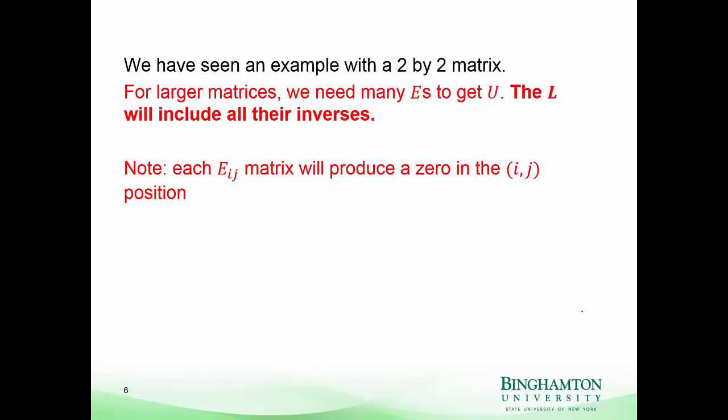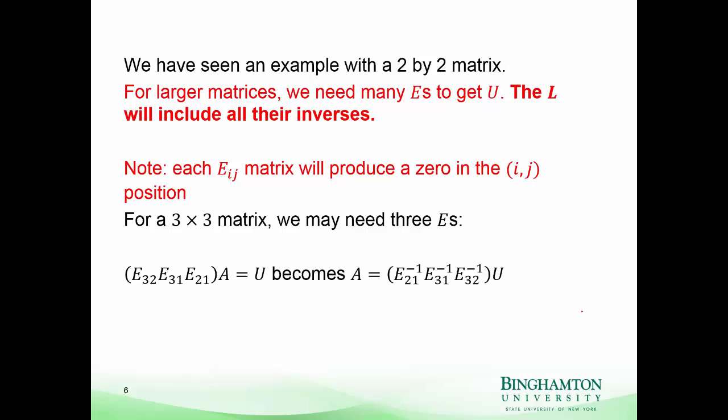And it's easy to write down what the E sub ij's will be. So each matrix will generate a 0 in the ij position. And for a 3x3 matrix, assuming that there are no already zeroed elements, we'll need 3 E's.